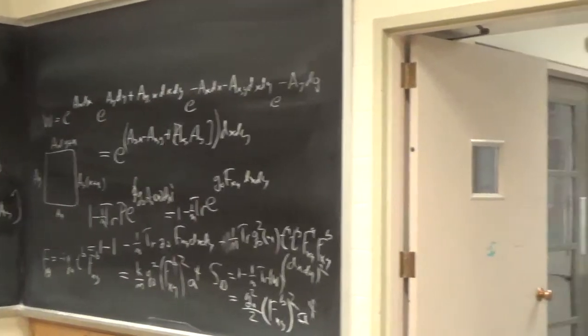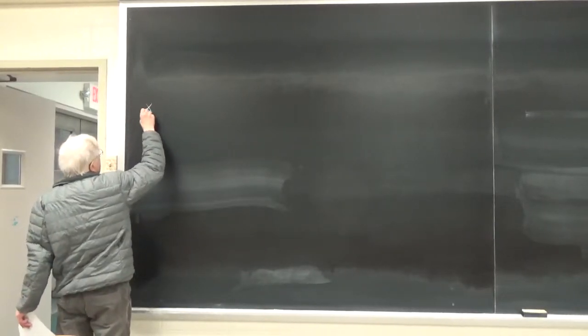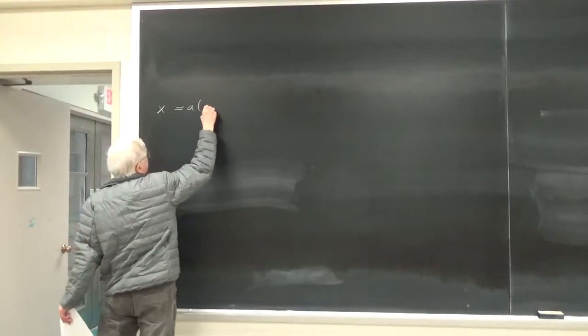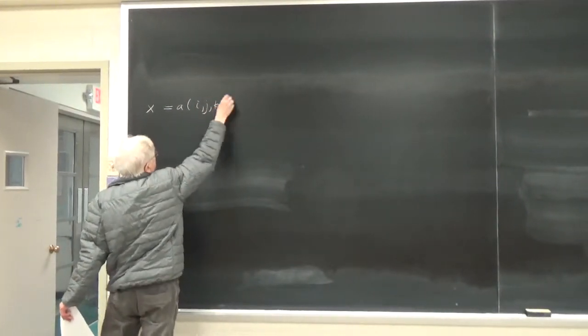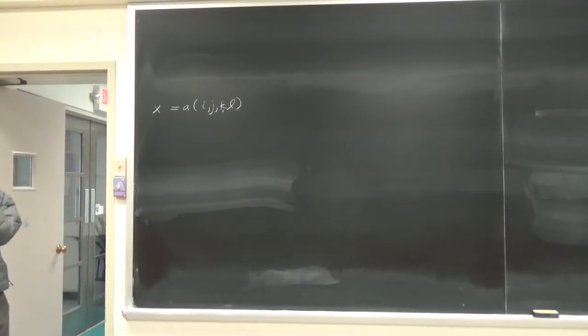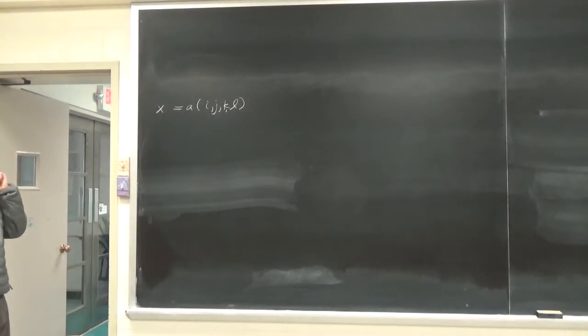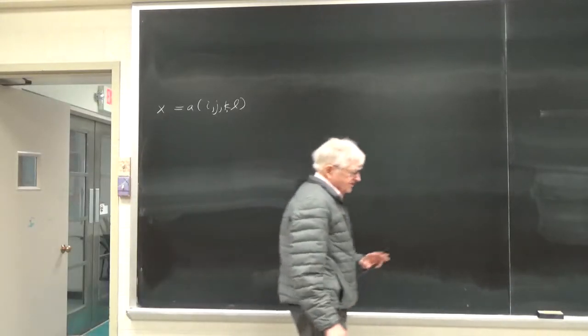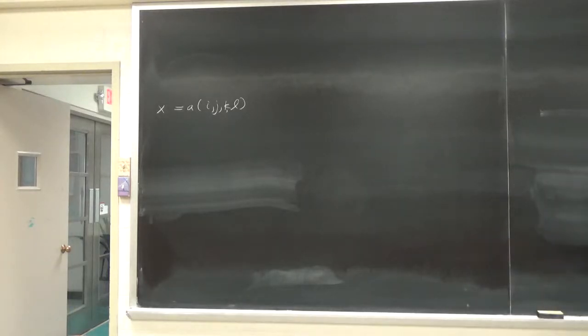Now, let me just say a few initial things about scalar fields. I'm not going to do the whole business, but the basic idea is you represent a 4-vector x as a 4-vector of integers times a lattice spacing. Now, one could have different lattice spacings in different directions, but obviously it's simpler if we just say one lattice spacing.